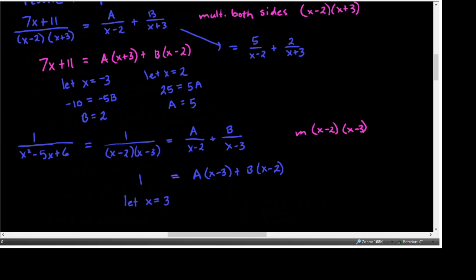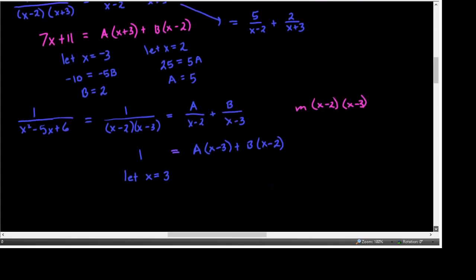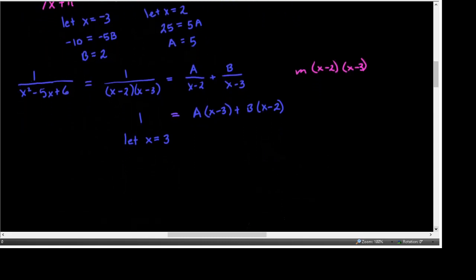I'm going to start with 3, because I usually go from left to right when I'm doing this. So now there's nothing to substitute into on the left side. We're going to get 1 no matter what on the left side. So 3 minus 3 is 0, a times 0 is 0, so that term is gone. 3 minus 2 is 1, 1 times b is b, which implies that b is positive 1.